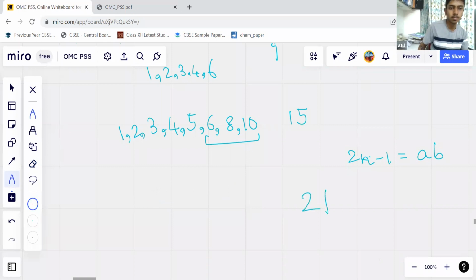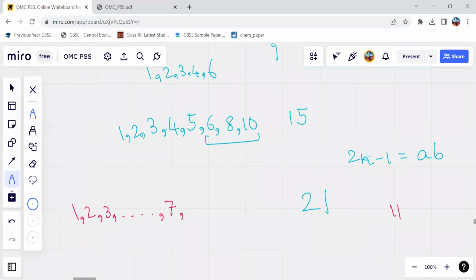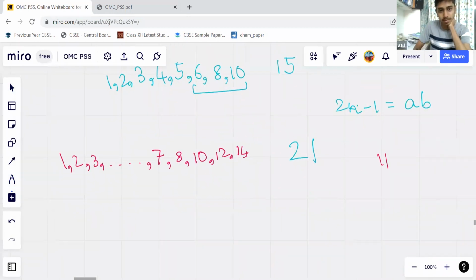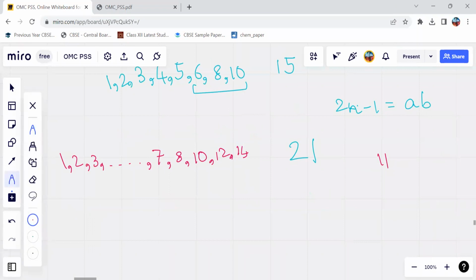Okay, next attempt for 21. And we need 11 numbers in this case. Or if we just do 8, 10, 12, 14. Yeah, 12, 14. And this also works out. How is this working every time?